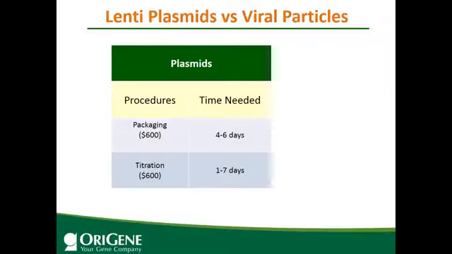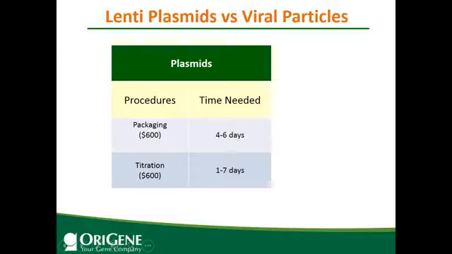So this is a little comparison between lenti-plasmid versus the viral particles. For plasmid, as I mentioned, the first step, you need to get a lenti packaging kit and package the particles. The average cost of a commercial lenti packaging kit is about $600, and it takes 4 to 6 days.